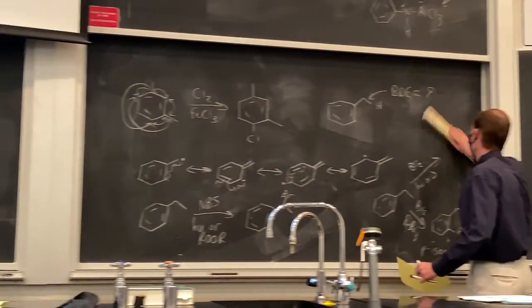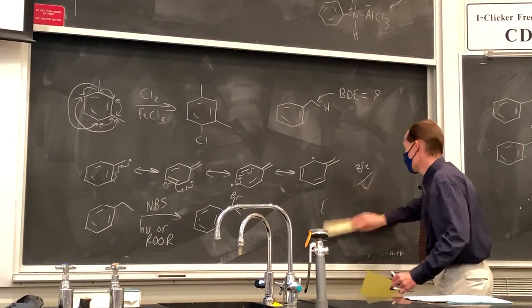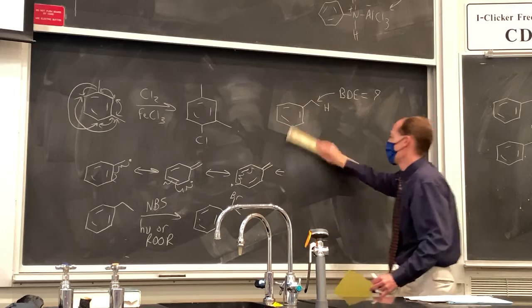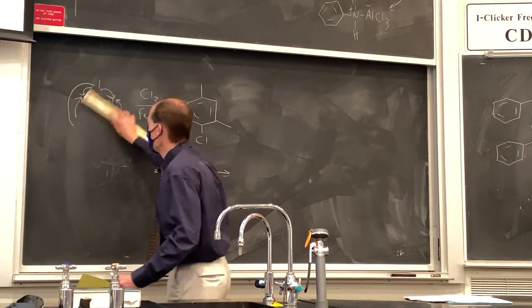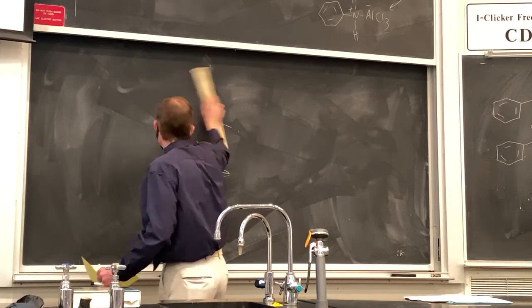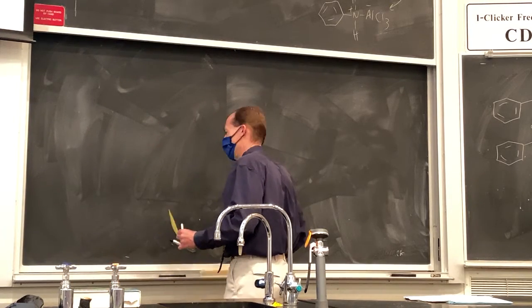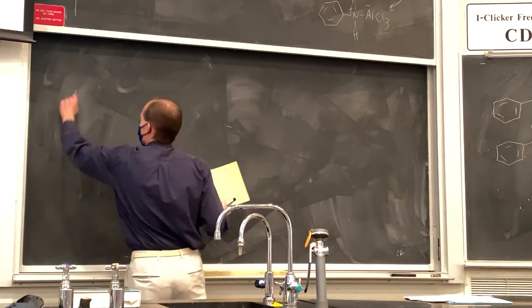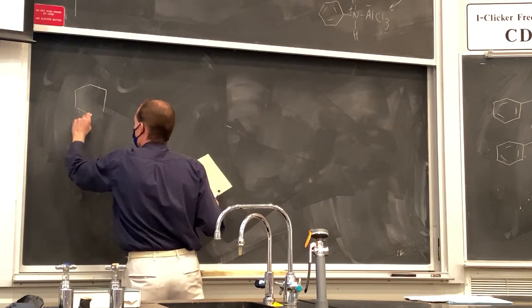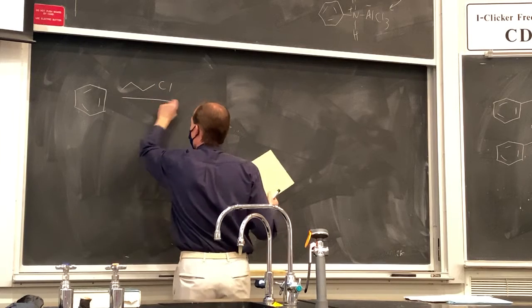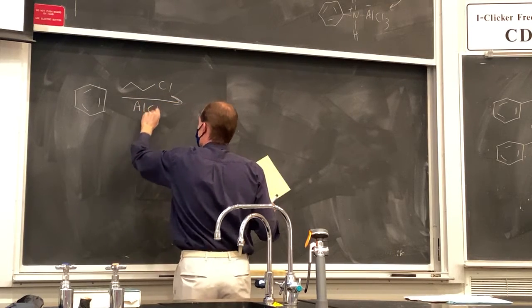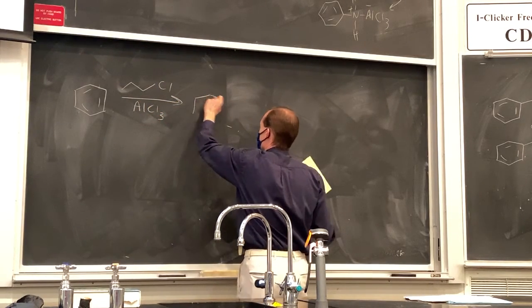It's useful because we have all sorts of problems when we try to attach a primary alkyl group to a benzene ring using Friedel-Crafts alkylation. So we take benzene, we react it with 1-chloropropane and aluminum trichloride.